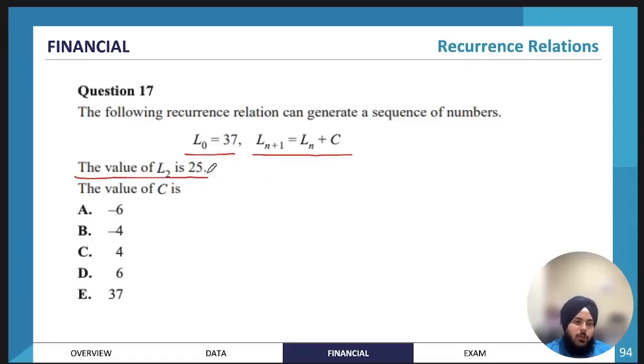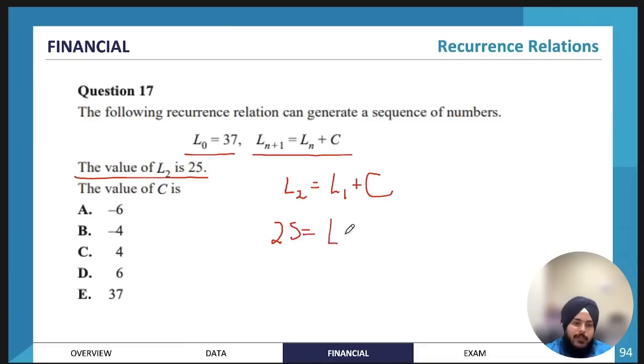We know what L2 is, but determining what C is in this question is a little bit difficult, so we might need to go backwards. L2 is equal to L1 plus C, and we know L2 is 25.